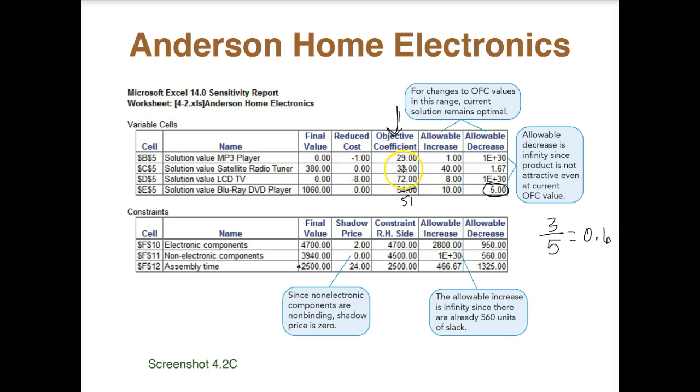So here, if we do that for the satellite radio tuners, if we go up $5, then that's going to change this to 37. And so now, that difference is going to be $5, and our allowable increase here is 40.